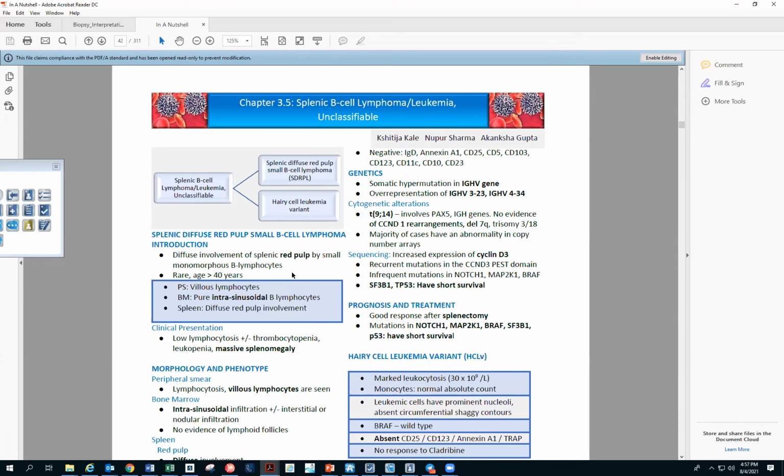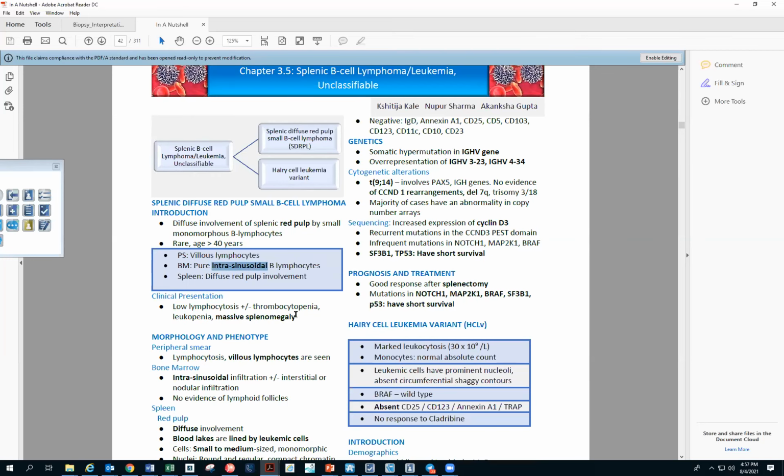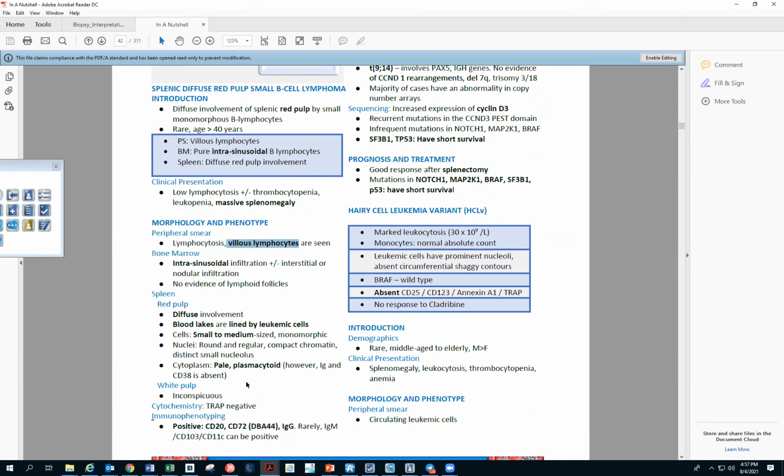So this red pulp, as the name suggests, it is the red pulp involvement. Intrasinusoidal B lymphocytes, diffuse red pulp involvement with massive splenomegaly. Again, villous lymphocytes will be seen in this one as well. Diffuse involvement, blood lakes, small to medium sized, pale plasmacytoid cytoplasm.